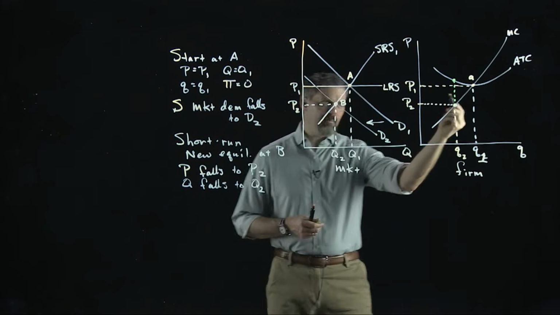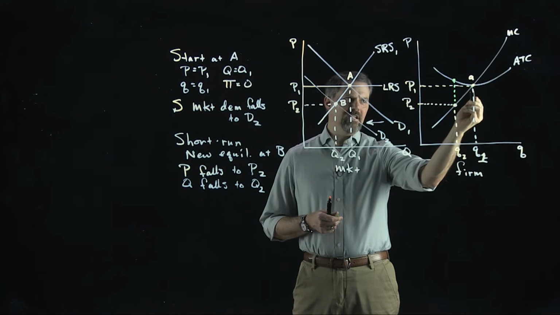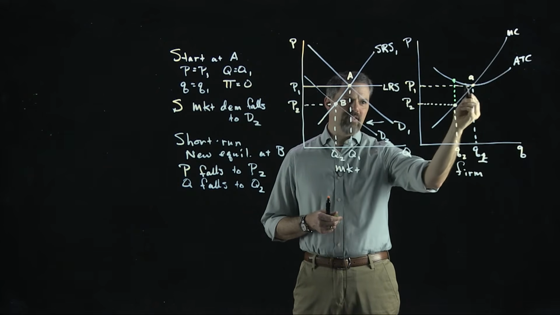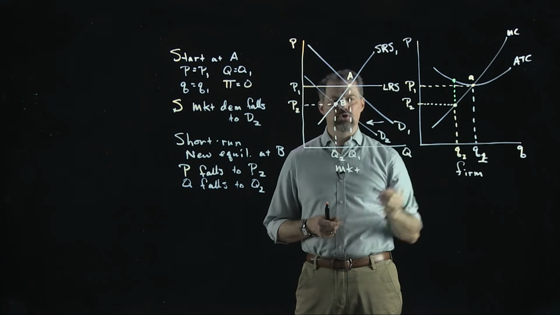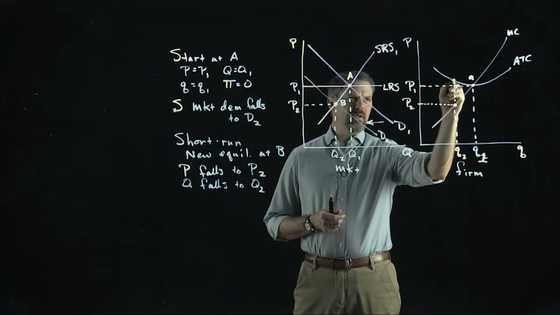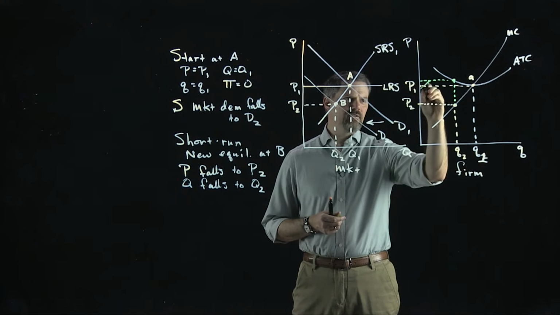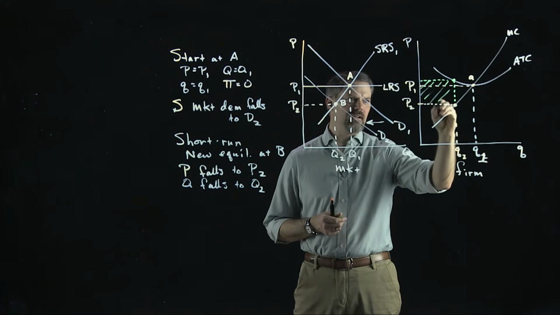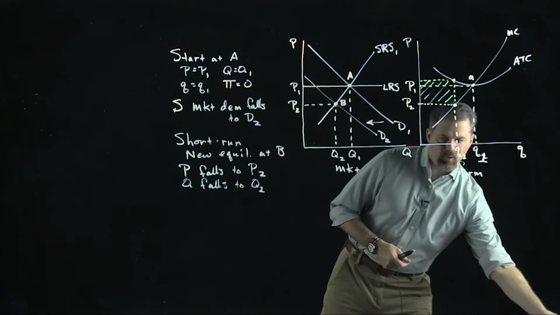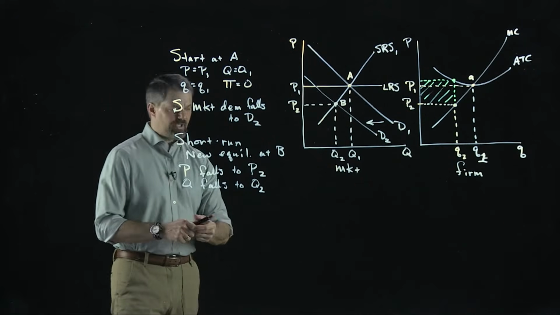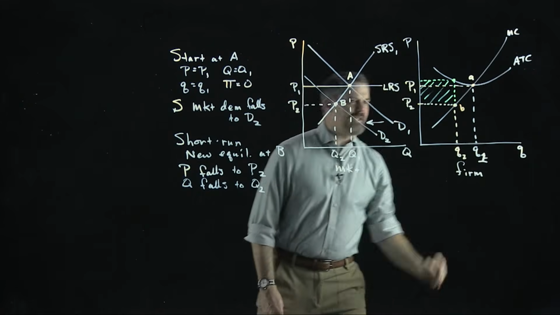And notice that that point has to be higher than where we were at point A, because if you move either to the right or the left of point A, average total cost rises because we know that average total cost is U-shaped. So right up here would be the average total cost of producing this quantity q2, and this rectangular area right there would be the loss that each firm earns, negative profit. So we get a firm equilibrium, let's call that little b.